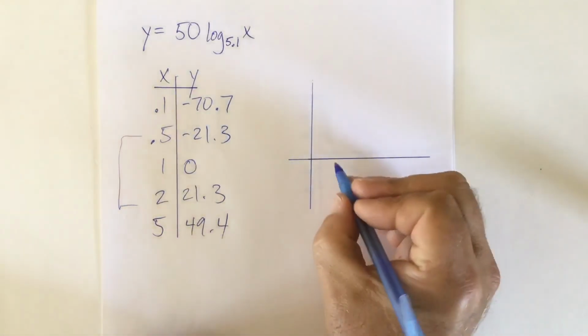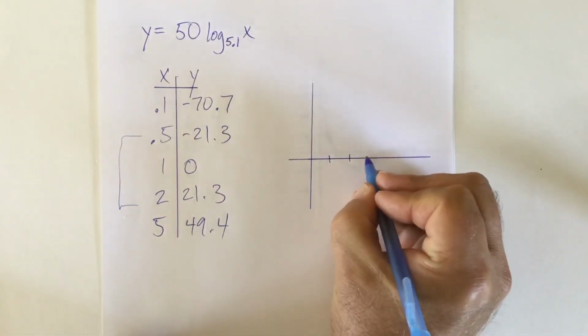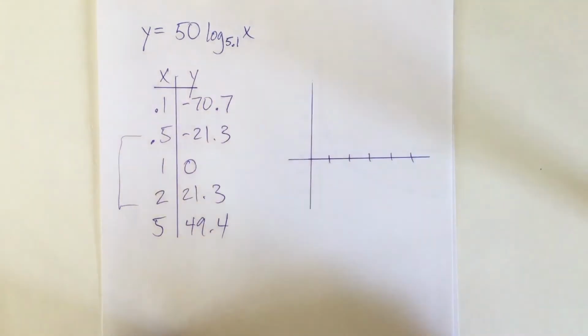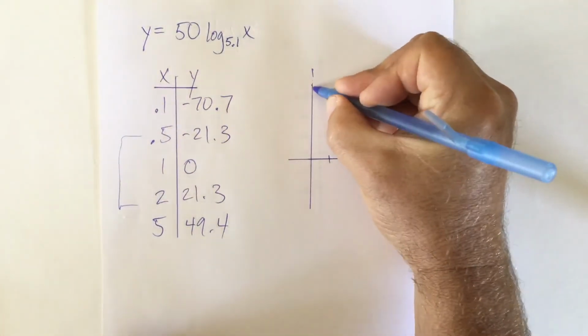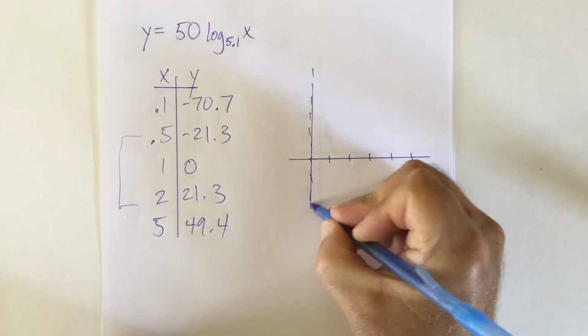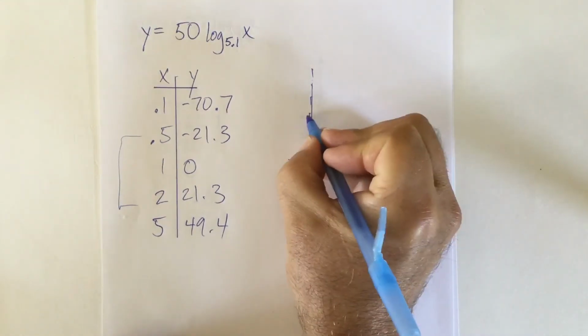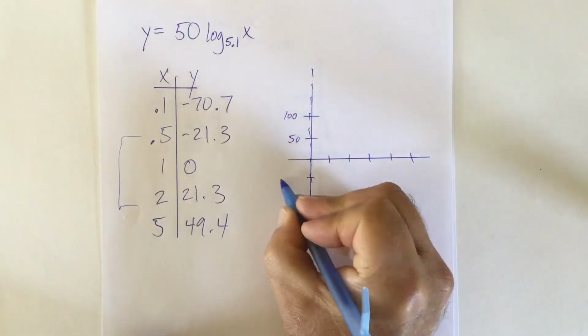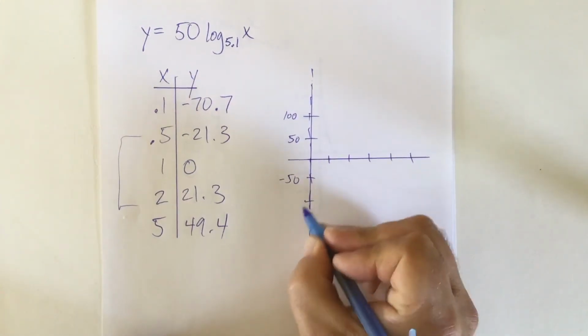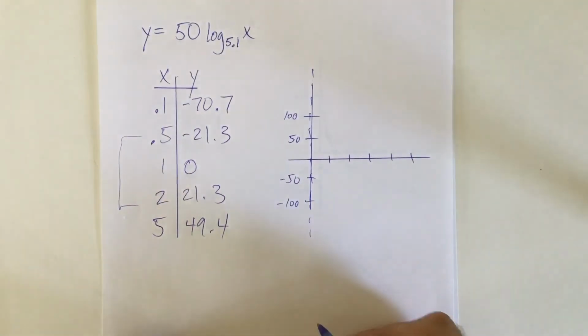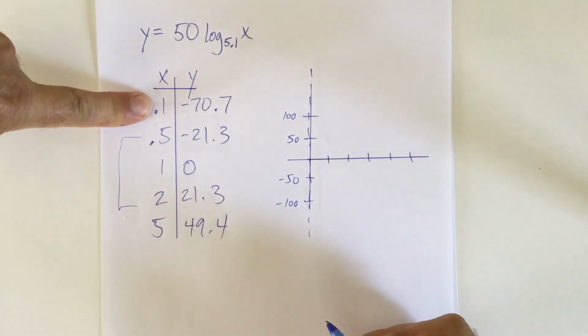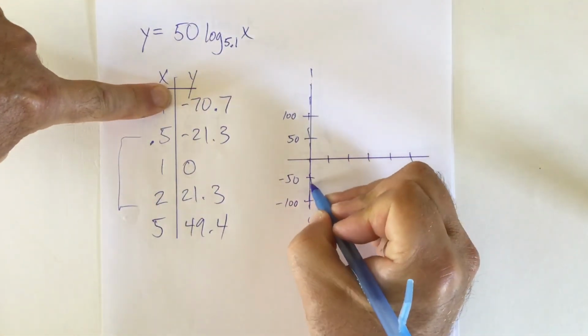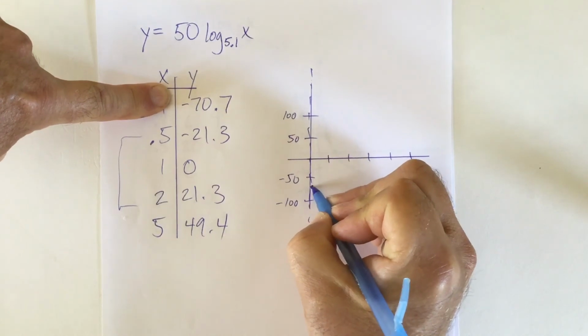I plug in the same x values every time. I have an asymptote right here. I'm going to count by 50s because that's the scalar. Let's plot some dots. When I plugged in 0.1, I got out negative 70.7, so right about there.